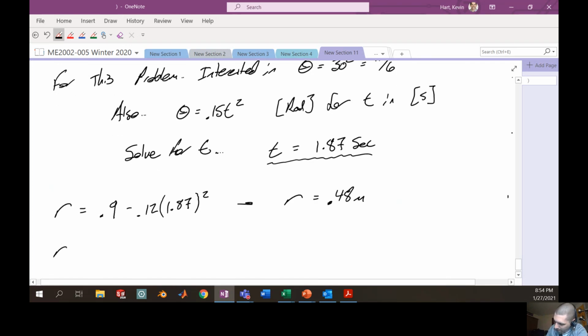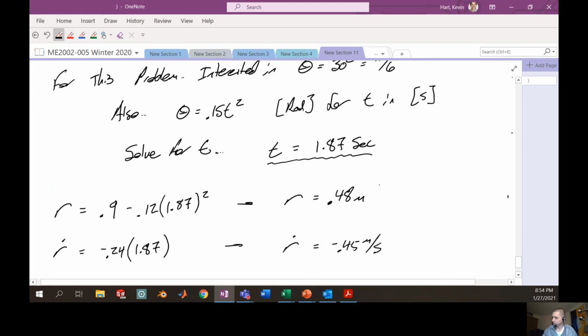I can do a similar thing to calculate the velocity of the particle along the shaft at this particular time. That general expression is negative 0.24 t, and I'll actually plug in my time here. It's 1.87 seconds. This will leave me with the velocity of the collar along the shaft at this very particular instant, negative 0.45 meters per second.